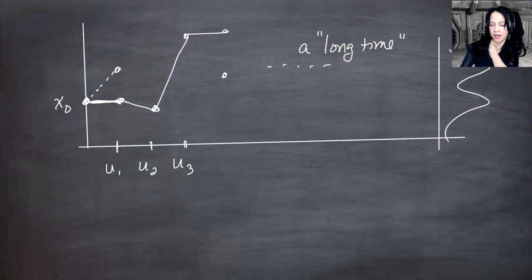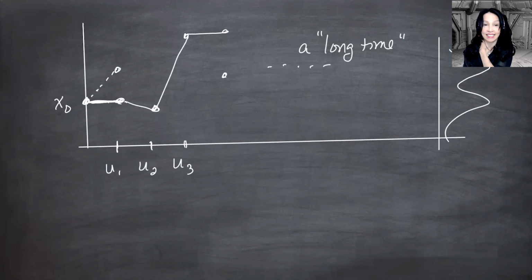This is like a pi of x graphed sideways. The answer to what is a long time is really difficult to answer in general. As I was saying before, there's a certain class of candidate transition densities for which we know some things, but this is going to be really problem specific.